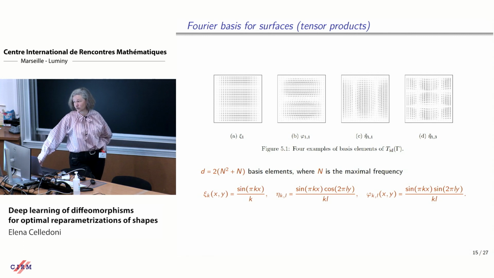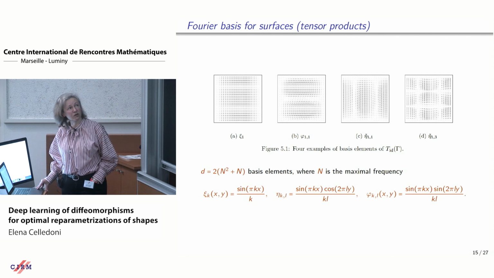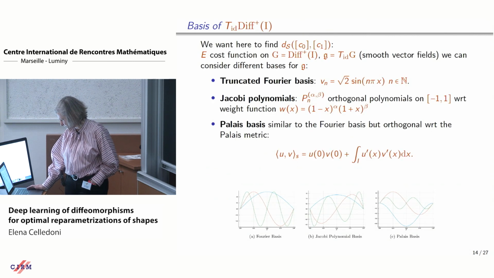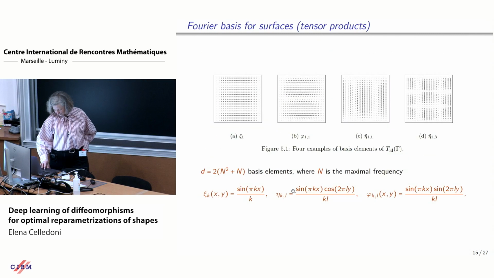This is what we have been using for our experiments. And you can characterize and bound the Lipschitz constants of these vector fields. These are just components of the vector fields. The vector fields will have two such components, so you will have to pick two of these.